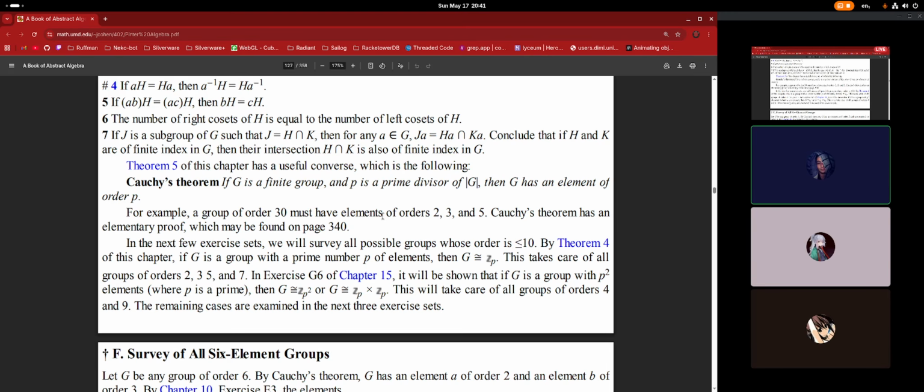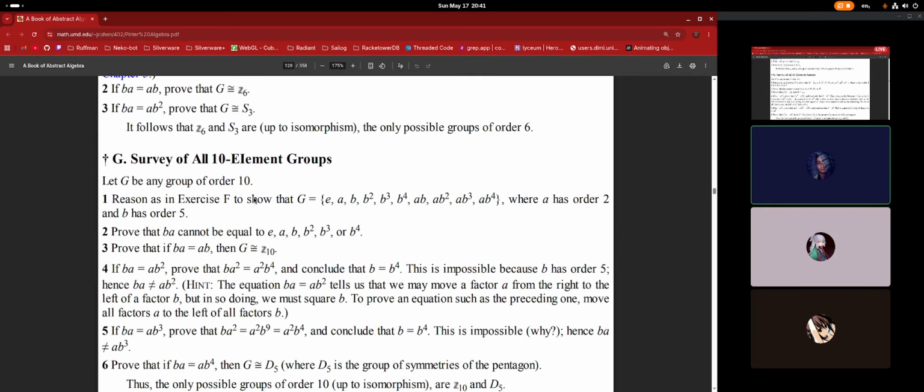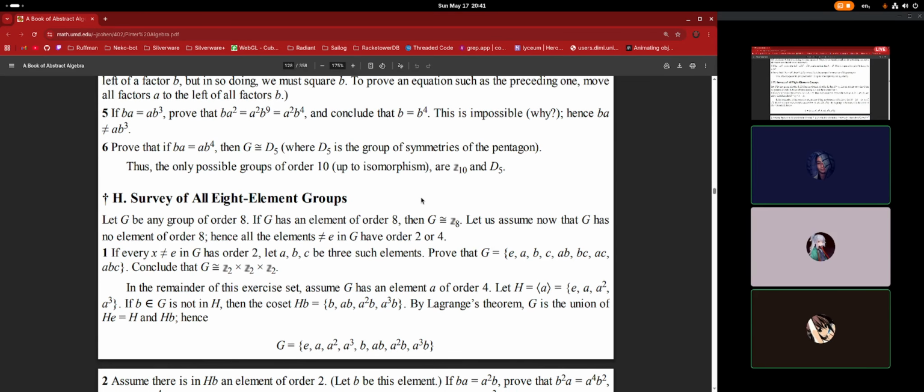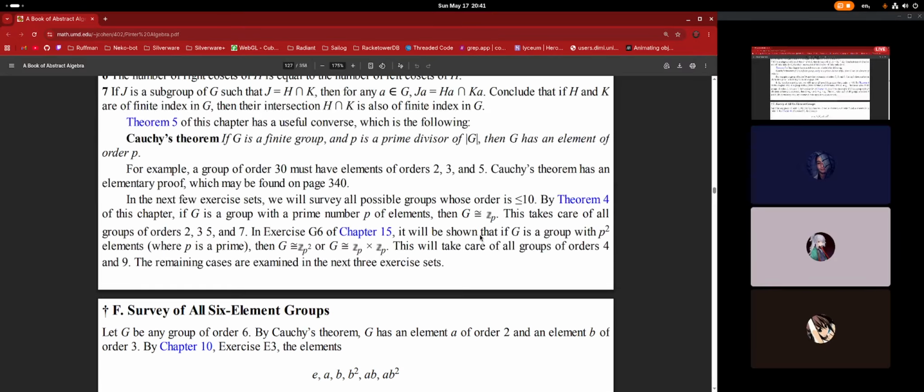You can talk about the prime orders of elements given the group order. 4 is not one of those. But it's 2 times 2, so sure, the theorem doesn't state anything about that. I don't know. Why is 6 not in here? It's because it's not a prime.